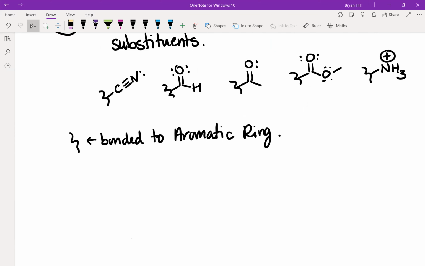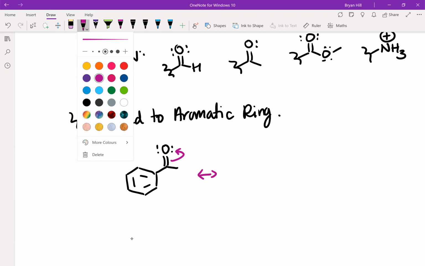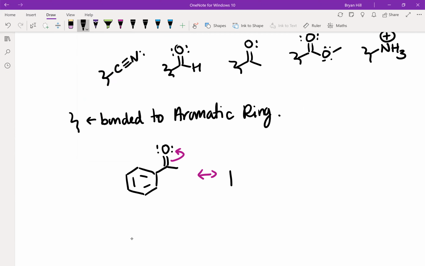So I'll draw a resonance structure to show you what's sort of going on. And we would have done these resonance structures back in organic 1. So if we start with a ketone, we've got a pi bond between atoms with different electronegativity. So we would draw one resonance structure like this. Negative, positive.